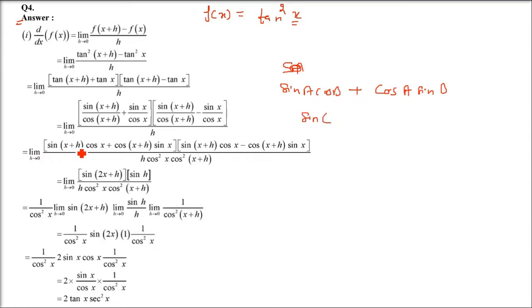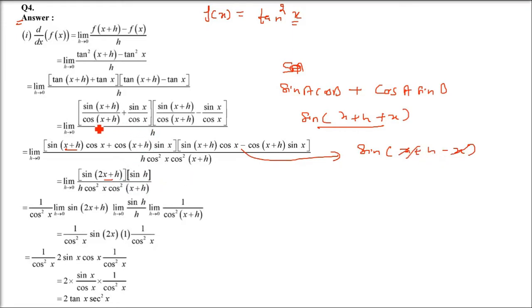Here a is x plus h and b is x. So sin(x+h+x) gives sin(2x+h). Now sin a cos b minus cos a sin b is sin(a−b), so sin(x+h−x). The x cancels, and you have sin h.